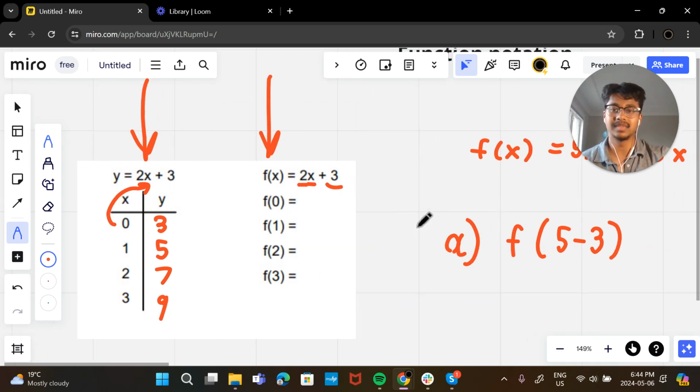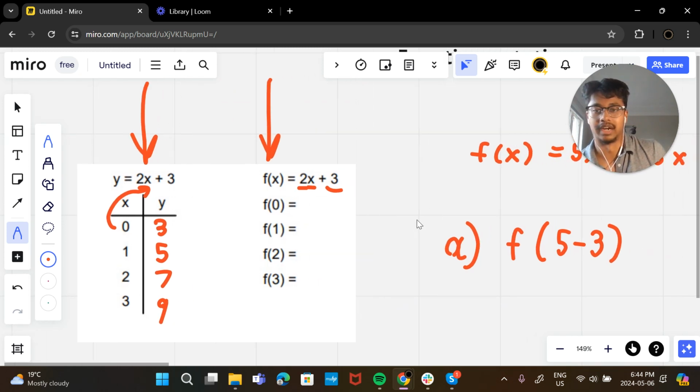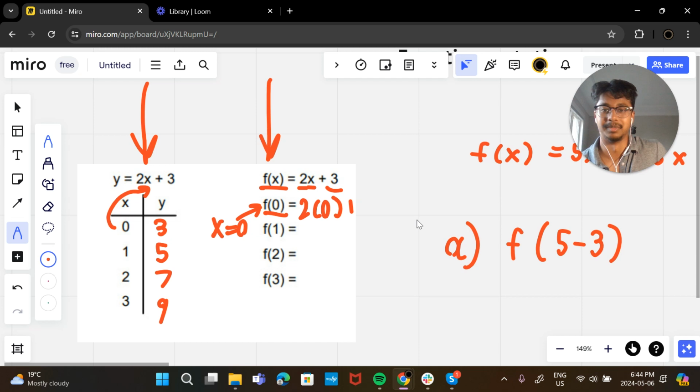First of all, you would say this as f of 0. The idea I want to get across is that this basically just means x equals 0. So that would just mean this, and then you can just calculate that, so that's 3.